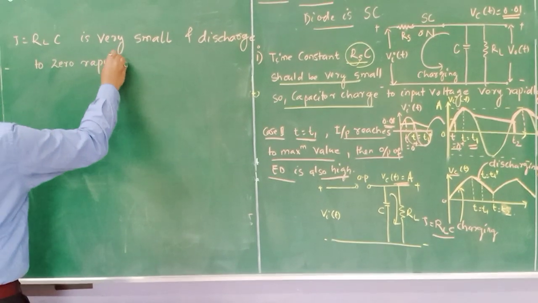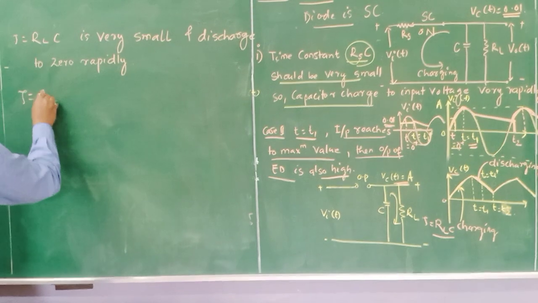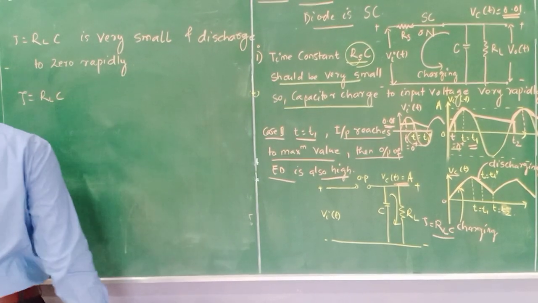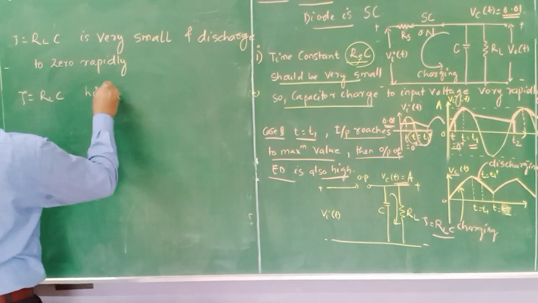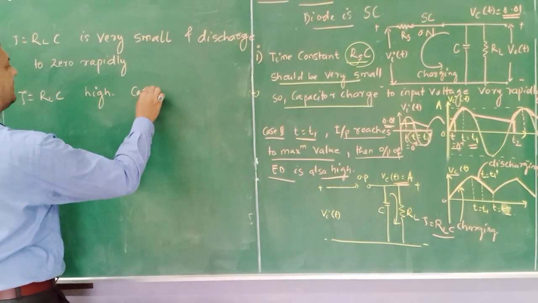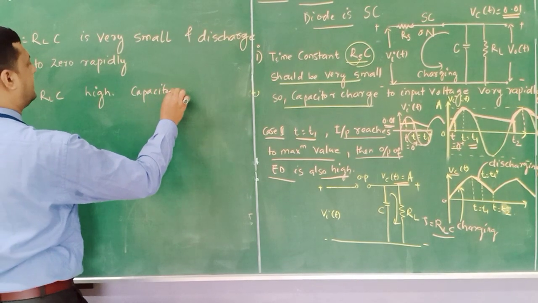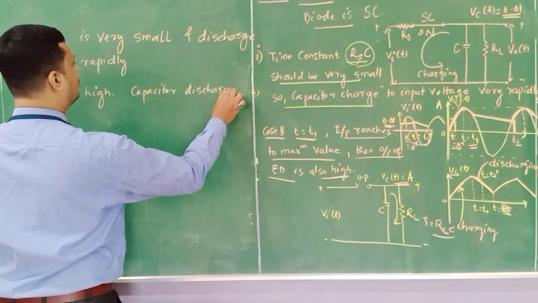This is the first. Then tau equals RL into C, if it is high, then the capacitor will discharge slowly.